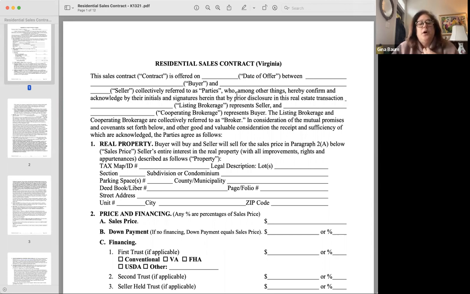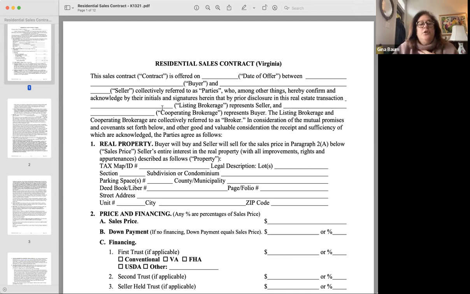Collectively referred to as the parties who, among other things, hereby confirm and acknowledge by their initials and signatures herein that by prior disclosure in the real estate transaction, KW Metro Center, the listing brokerage, represents the seller, and another brokerage is the cooperating brokerage and represents the buyer.